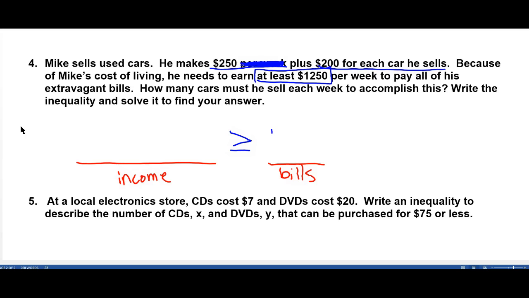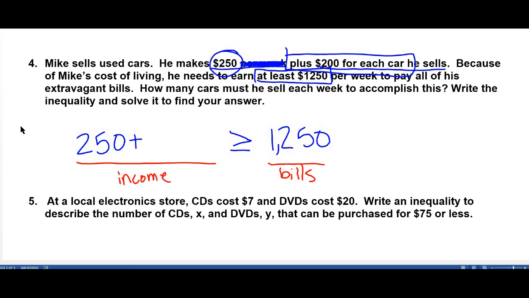His bills are $1,250. Now we just got to figure out what his income is. $250 for the week, plus $200 for each car. So plus 200X, or C, however you want to say that.